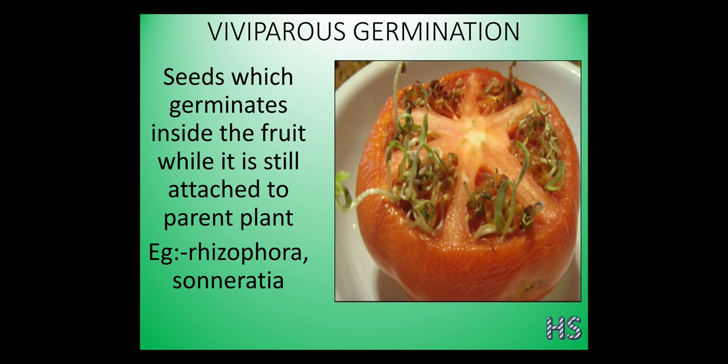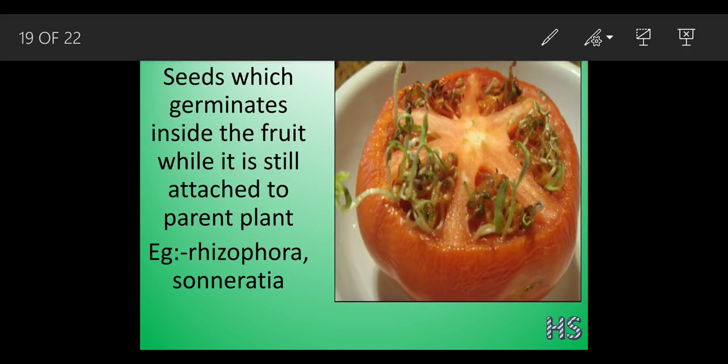It is not possible to see this in all plants. This type of germination is shown by special plants only. This special mode of seed germination is shown in special plants only. The two examples I just wanted to give, that is Rhizophora.